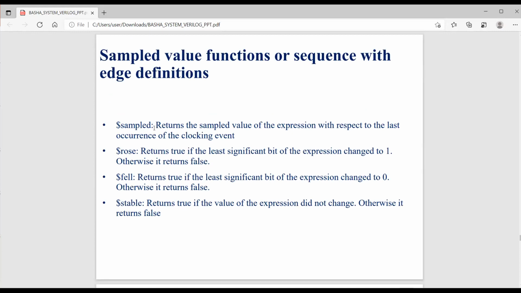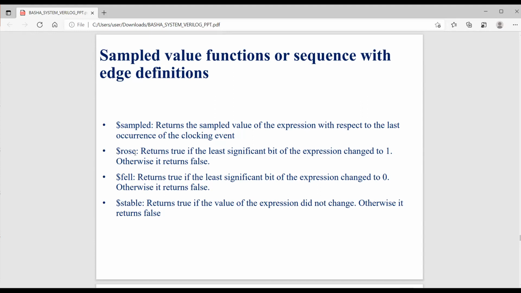If you are using $sampled, it returns the sampled value of the expression with respect to the last occurrence of the clocking event. For all these functions, you have to give an expression, or you can send a signal also. $sampled of expression.